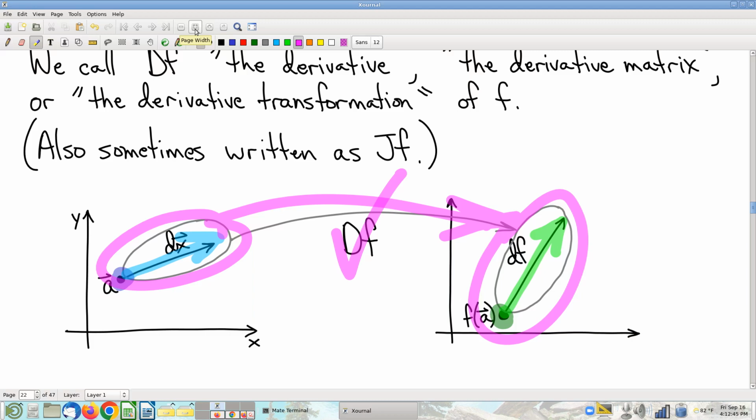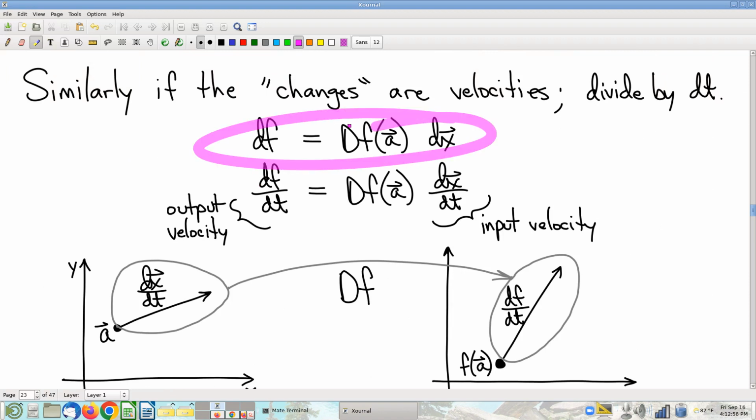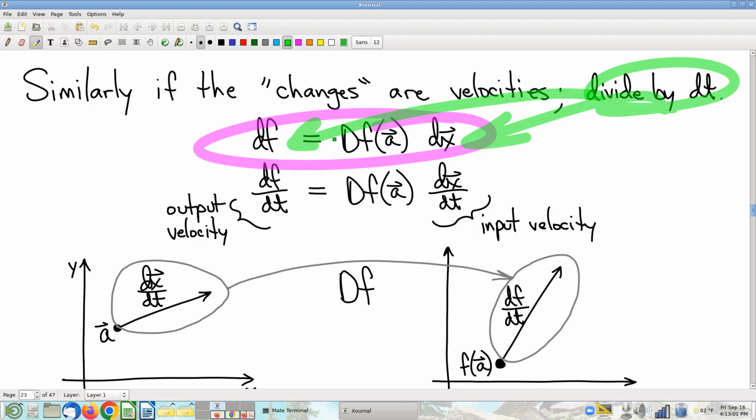I like to get rid of that issue by thinking of the changes not as being discrete changes, but as being rates of change, aka velocities. And all you've got to do is take this equation and divide by dt, there and there.